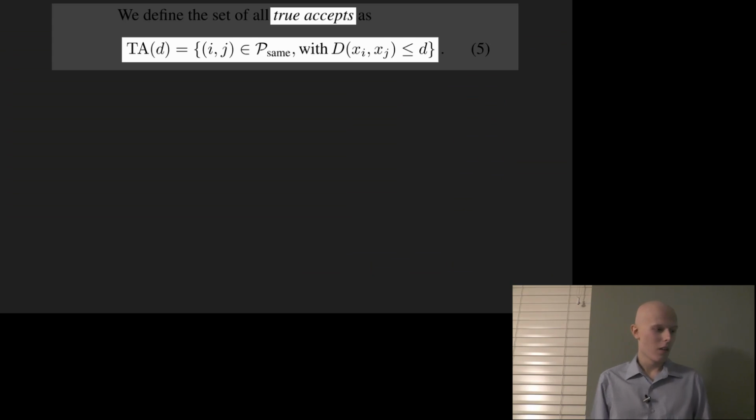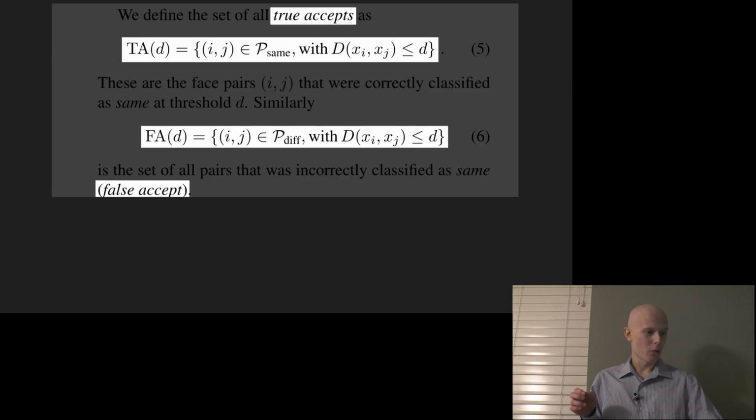Google's FaceNet saw this problem and introduced the validation rate and false accept rate. So for the validation rate, they look at the true accepts, which are the same gallery and probe view that are correctly identified, and then they also look at the false accepts, which are the number of false gallery and probe view where the individual is different, but they were identified as the same.